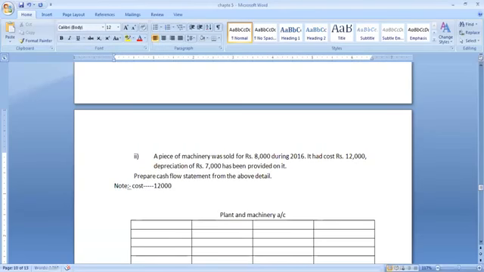The cost is 12,000, and what is the depreciation value?